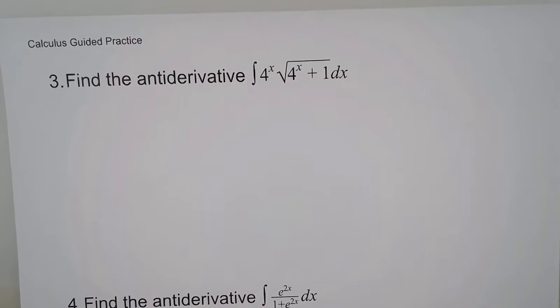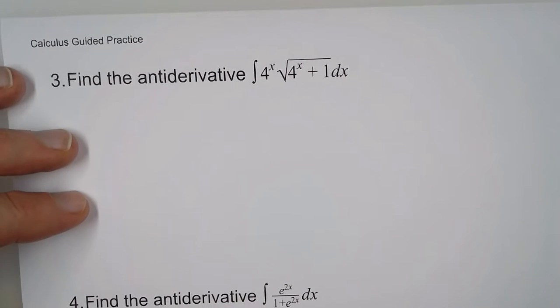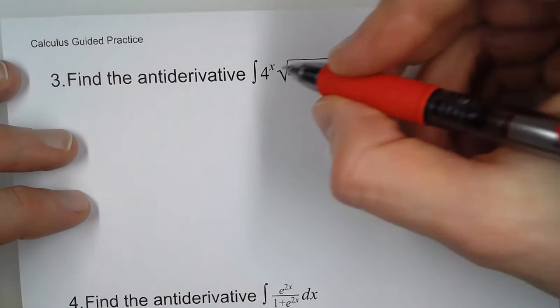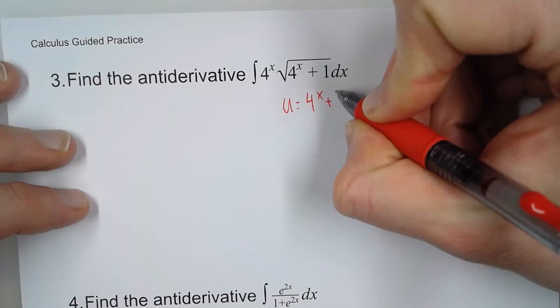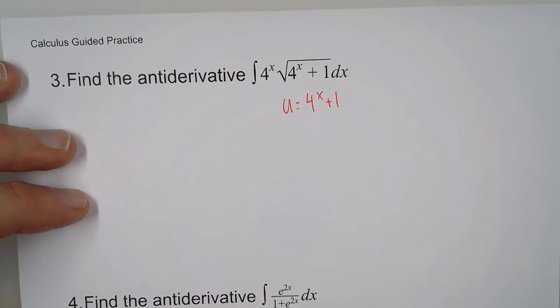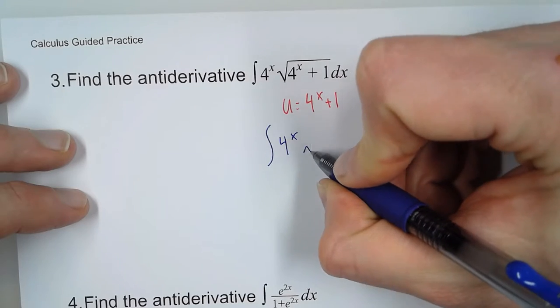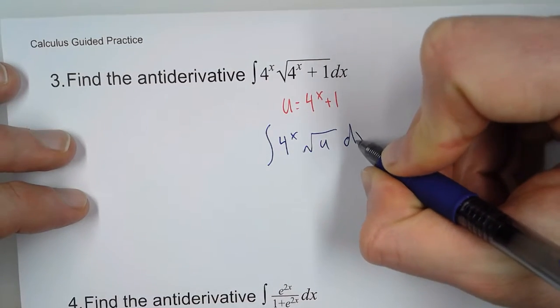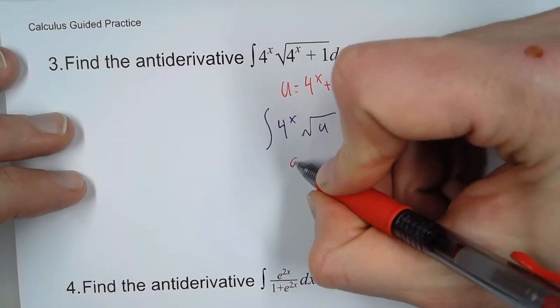On the next page, here we have 4 to the x plus 1 on the inside. This is going to be related to e to the x. This is going to be u. U equals 4 to the x plus 1. So we're going to have 4 to the x times the square root of u dx. So we take the derivative of u, so du.